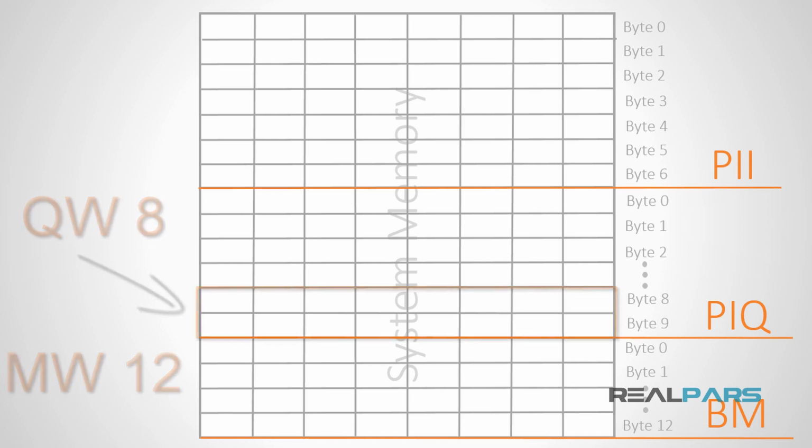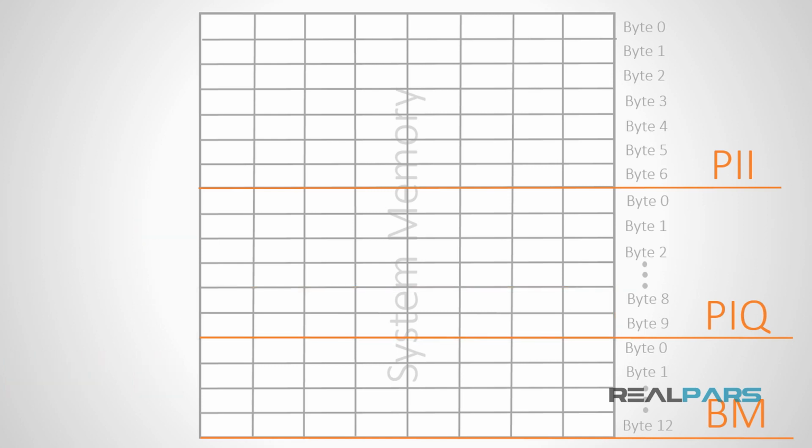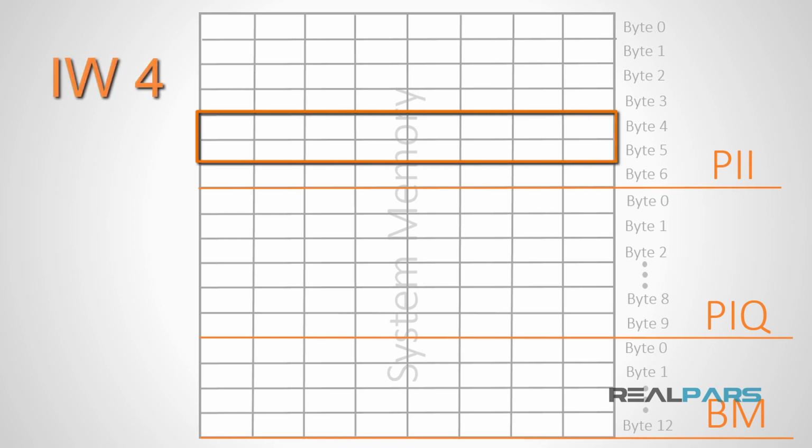The point in addressing using the word method is that we should select the word number such that there won't be an overlap between the addresses. What does this address overlap mean? If we consider IW4 as an address, we have selected bytes number 4 and 5 from the PII environment.